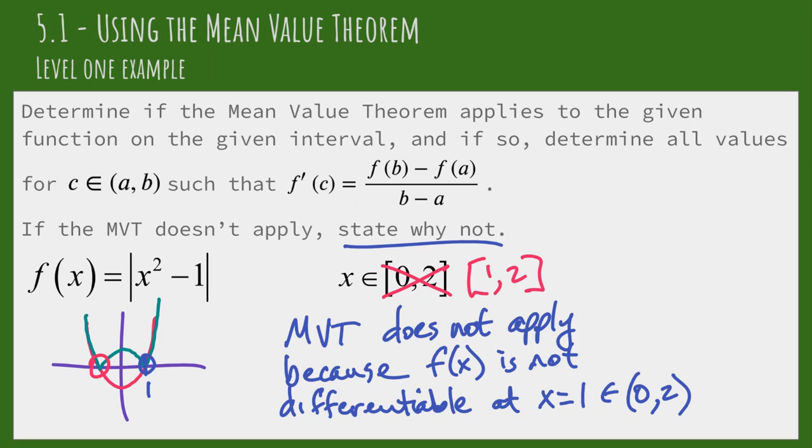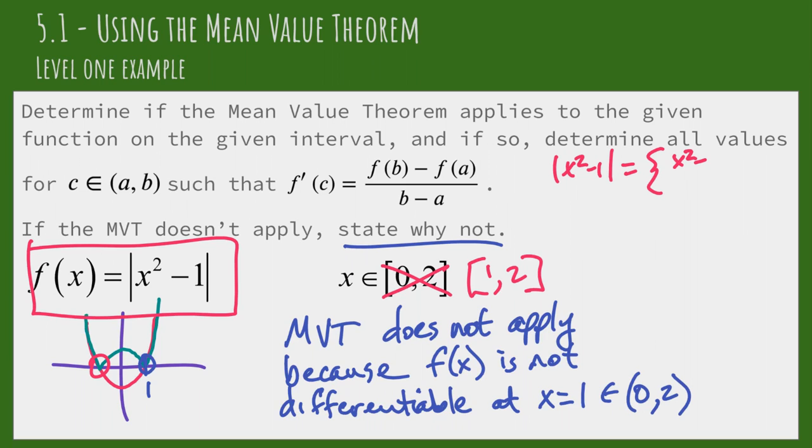I do also want to refresh real quick how we can analytically take the derivative of something like this. Remember, the absolute value of x squared minus 1 can be written as a piecewise function as x squared minus 1 as long as that is positive or equal to 0, and the opposite of x squared minus 1 if the inside of the absolute value is negative.